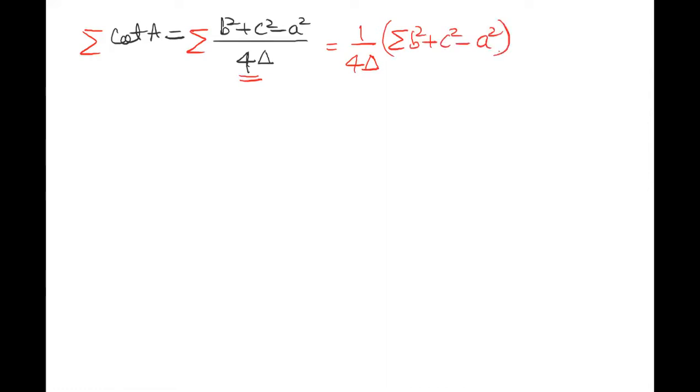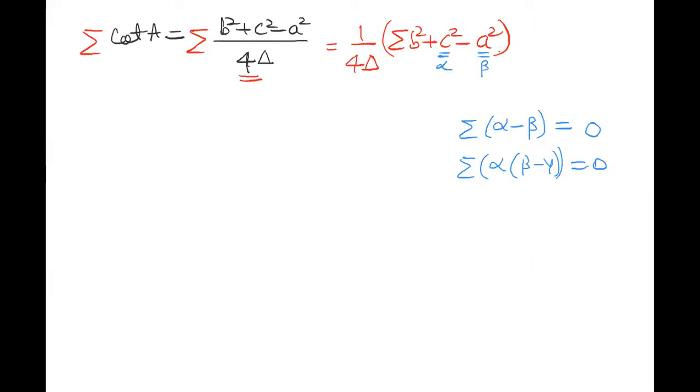Now this thing I already said at the start of the chapter: if we have summation of alpha minus beta, where alpha, beta, gamma are 3 angles, then this summation is coming out to be 0. Also I said alpha times beta minus gamma, this is also coming out to be 0. Clear? We said this already. Now in this you can see, this you can treat as alpha and this you can treat as beta.